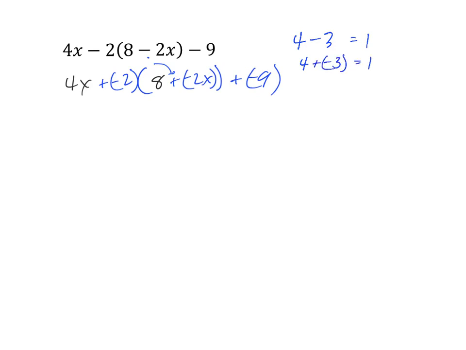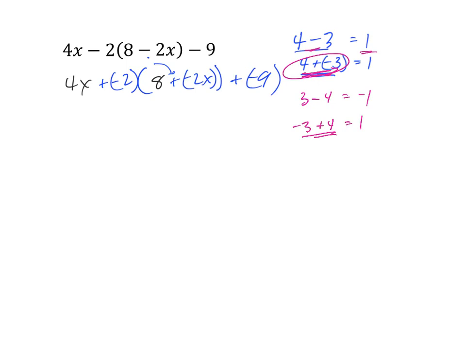That gives us 1. And here we can use the commutative property, but here we can't, because 3 minus 4 is negative 1, not 1. But negative 3 plus 4 is 1. So we're changing things to addition so that we can use the commutative property.